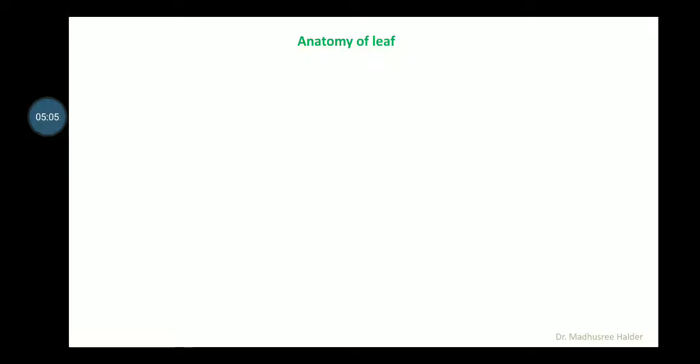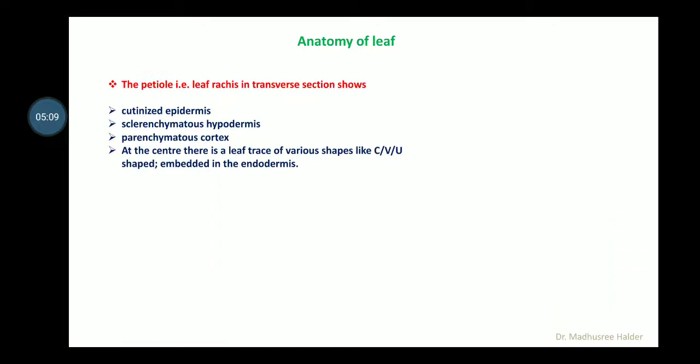Next important thing is the anatomy of leaf. In leaf, there are two different regions. One is the rachis or petiole portion, and another one is the leaflet. The petiole portion shows distinct anatomical view.